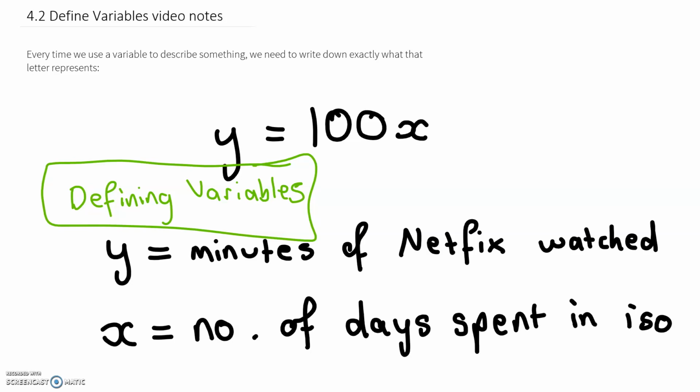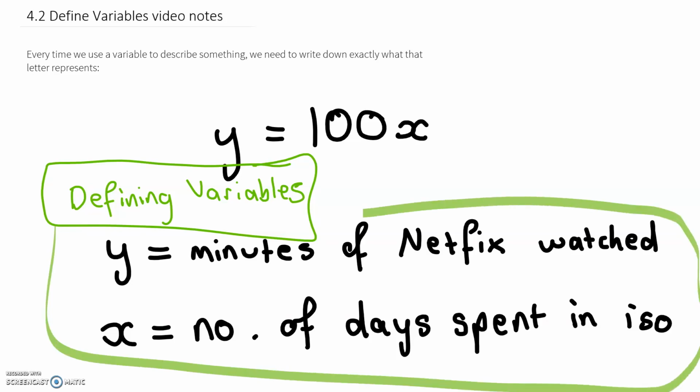So now we've defined our variables because we've written down what each variable equals. So this process here, where we write down what each variable equals, that is defining variables.